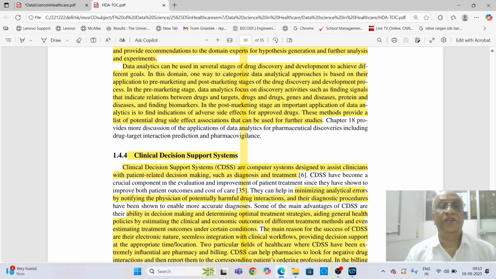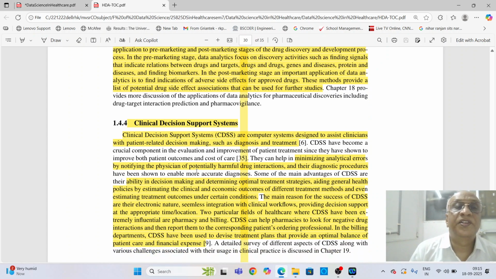Coming to the next application of data science in healthcare, clinical decision support systems. They are computer systems which are designed to assist clinicians with patient-related decision making, such as diagnosis and treatment. They can be used for minimizing analytical errors, and for notifying the physician of harmful drug interactions and their diagnostic procedures. So CDSS helps in decision making and determining optimal treatment strategies about general health.